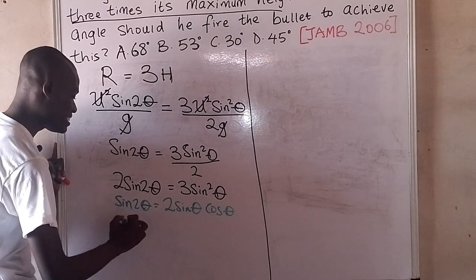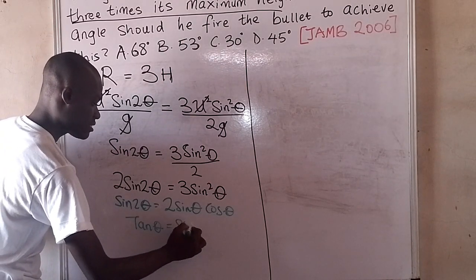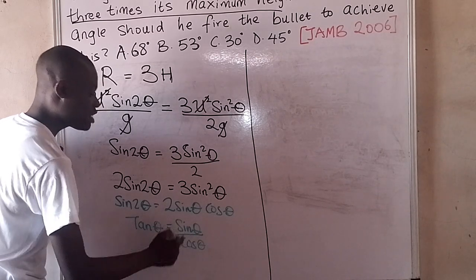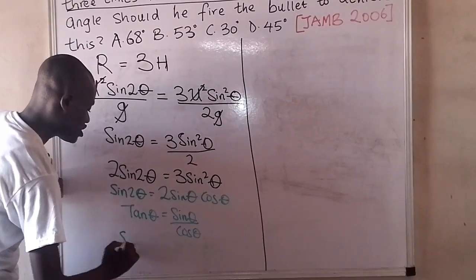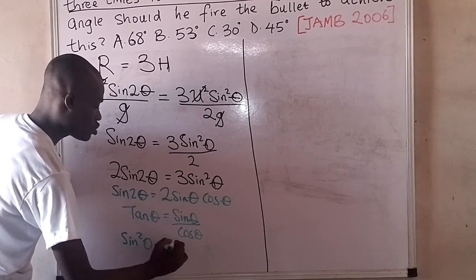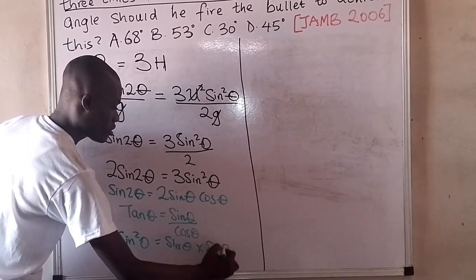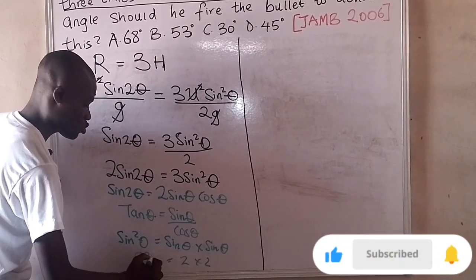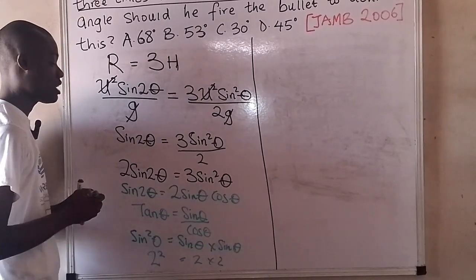Also, from that topic, tan theta is equal to sine theta over cos theta. So, sine over cos will give us tan in mathematics. Also, in mathematics, sine square theta is equal to sine theta times sine theta. So, just like 2 times 2 can be written as 2 squared. So we are going to use this knowledge of trig identity to solve this particular question.